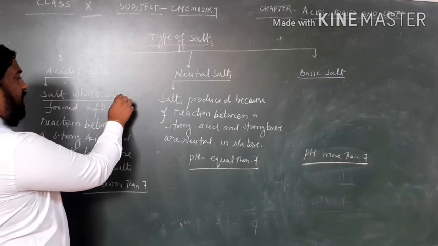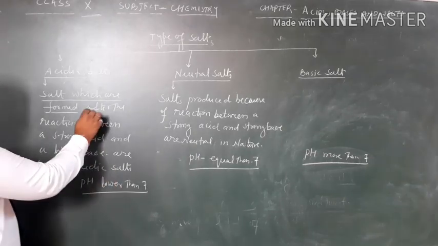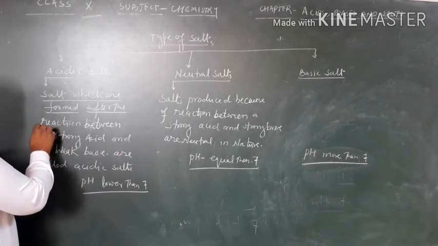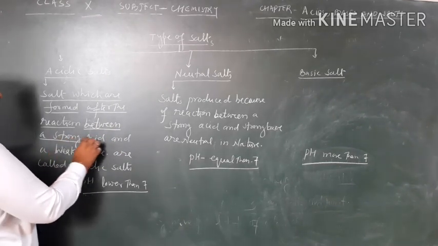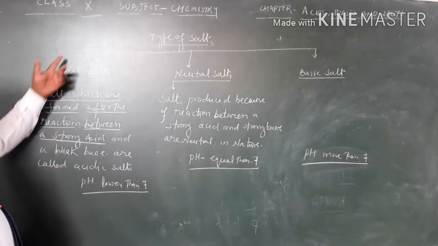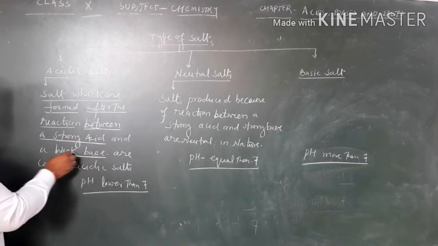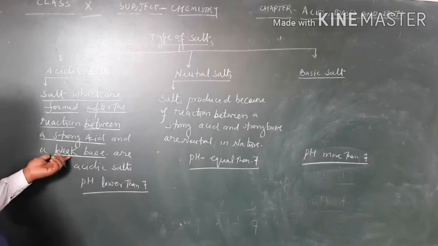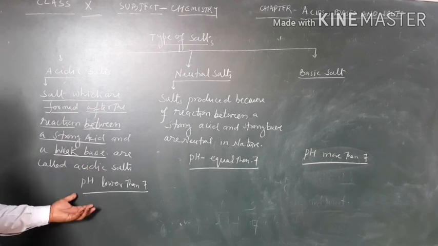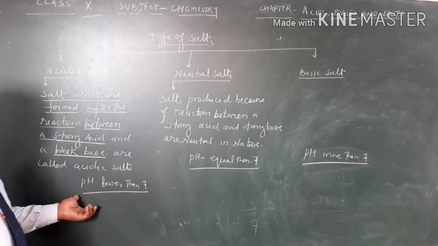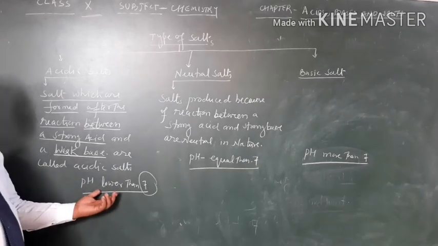Salts which are formed after the reaction between a strong acid and a weak base are known as acidic salt. And for acidic salt, the pH value is lower than 7.